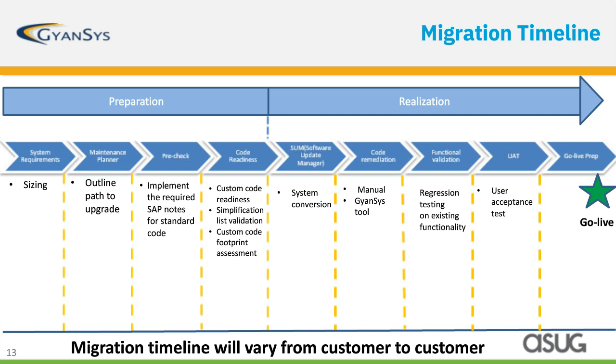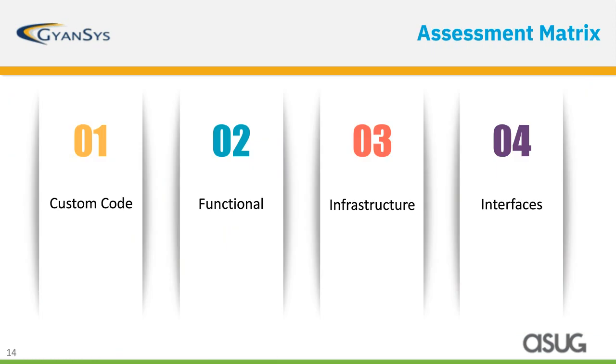Next slide. Okay, so coming to phase one, as I said, the S4 journey, the first step is the assessment, right? So what kind of assessment do we do? As I said, these are the 4 pillars of assessment we do. We evaluate custom code. That's the top one for any technical migration, how it's going to be impacted by the new S4 data model, simplification list, or anything getting obsolete, material length changing.